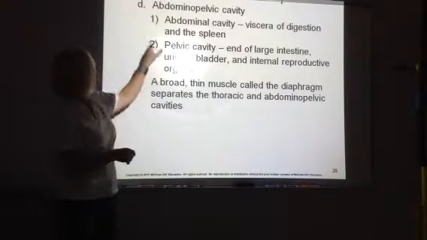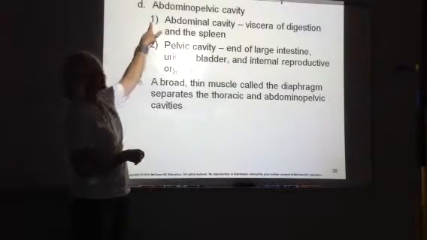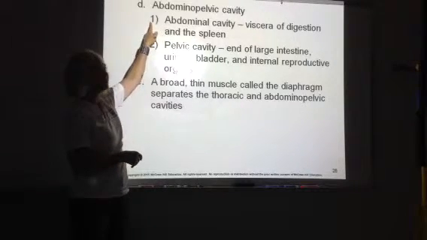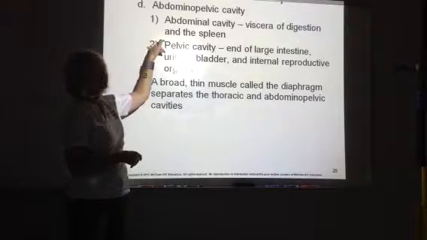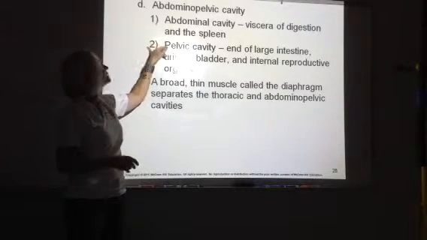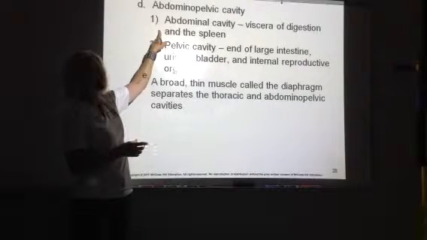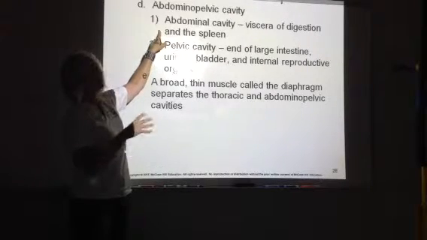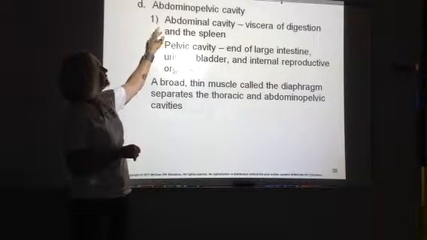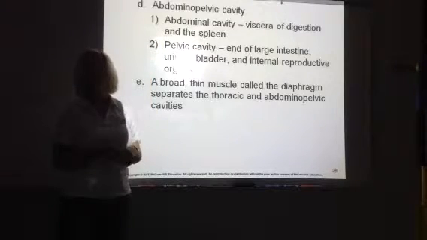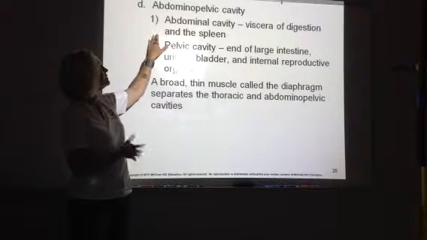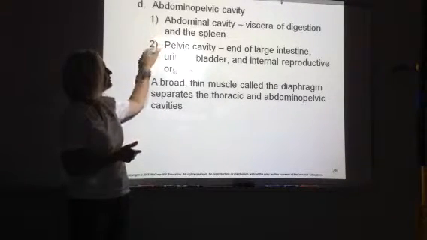It can be broken into the abdominal cavity by itself and the pelvic cavity by itself. So abdominal deals with viscera, which we'll talk about in a second, are all of the organs of your digestive system and your spleen. Your appendix is part of your digestive system. That would be in your abdominal cavity.